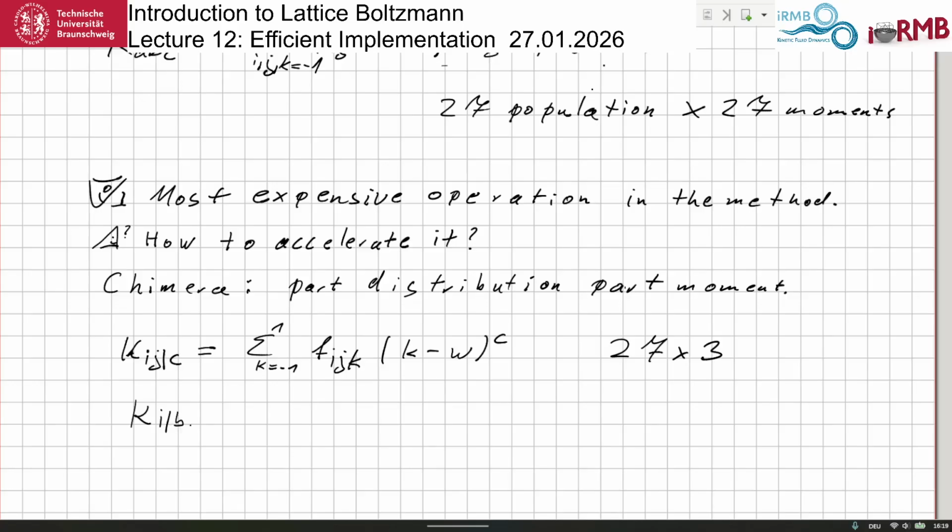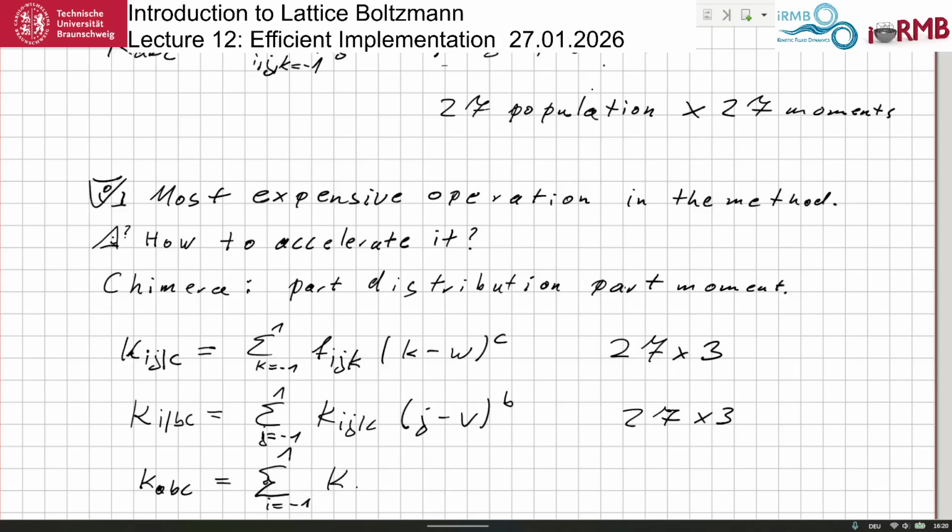This becomes k_{i,b,c}, by integrating over j from minus 1 to 1, not f, but what we had before, k_{i,j,c}, and here we have (j minus v) to the power of b. And this is again 27 times 3. And then lastly, we get to k_{a,b,c} by integrating over the x direction, by i from minus 1 to 1, of what we just computed, k_{i,b,c}, times (i minus u) to the power of a, where we have 27 times 3 again.